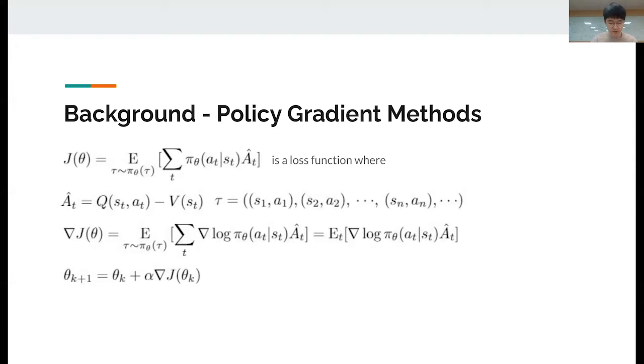Policy gradient method uses one of the most straightforward choices of the loss function. Since it can be too technical, I will just explain the high-level ideas of what those equations are. When you simulate a system, you will have a tau, which is a sequence of states st and actions at.